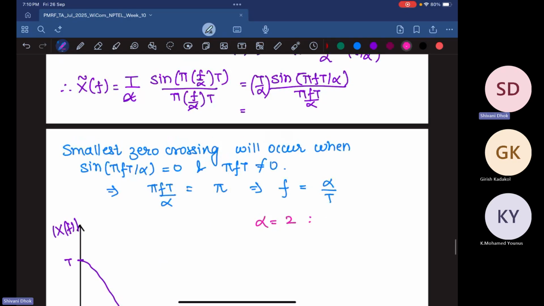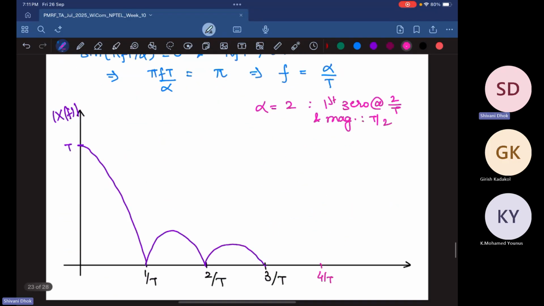So for this first zero crossing at 2 by T, the magnitude will be equal to T by alpha, that is T by 2.